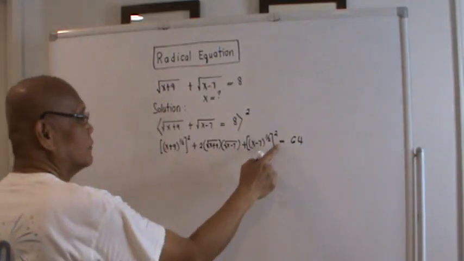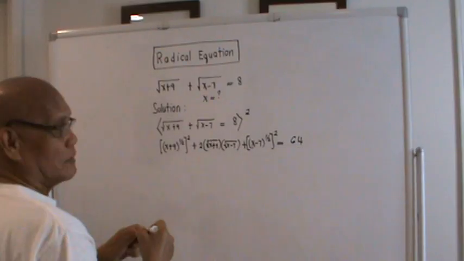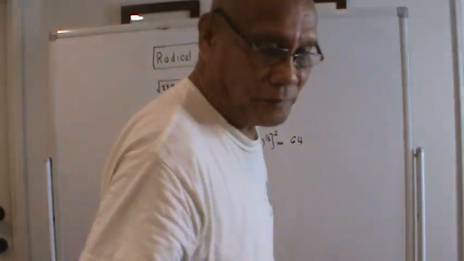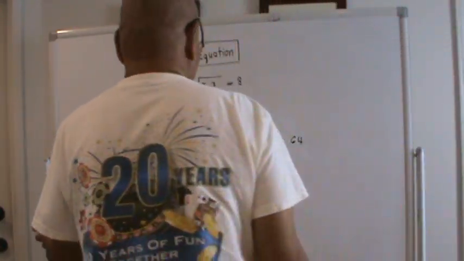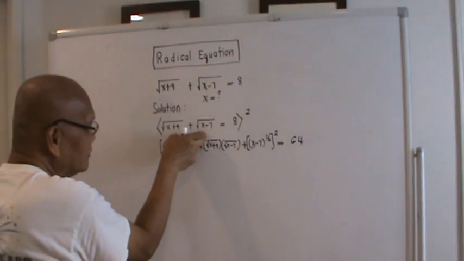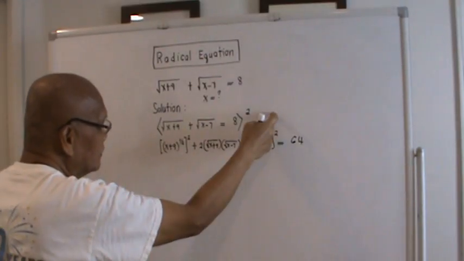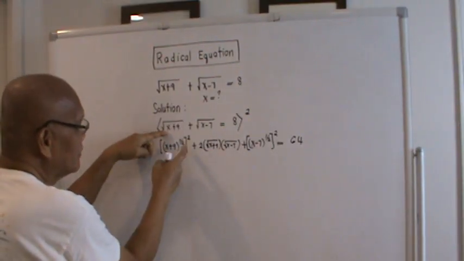Okay? Is my writing okay? I will try to see my camera. We just square the left hand side, and so with the right hand side. The square of the left hand side will be the square of the first one.